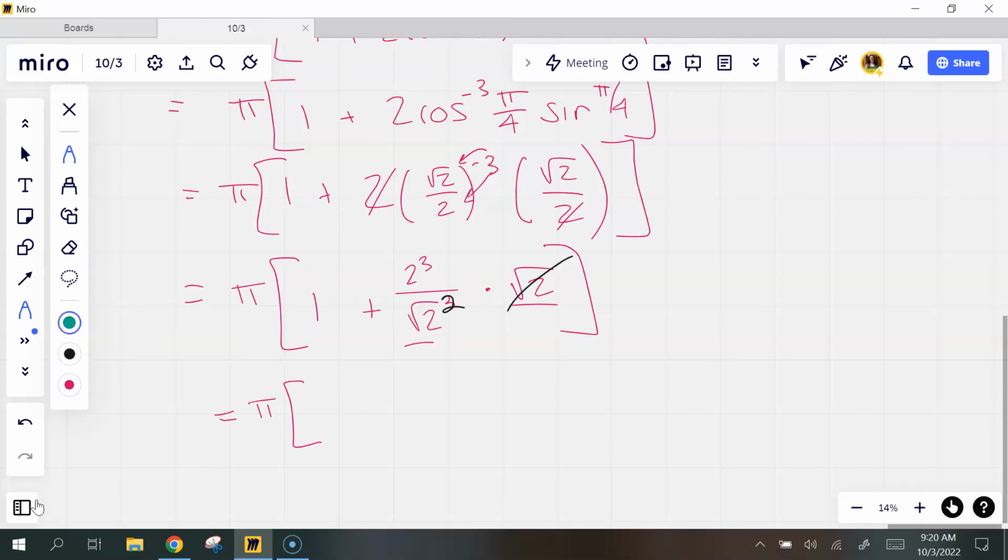I don't want to do too much at one time. So yes, that cancels. Well, what is 2 cubed over 2? 2 to the second, which is 4. That's right. Or 8 over 2, which is 4. However you want to do it. I subtracted exponents here, but if you want to multiply it out, that's fine too. So now I have 1 plus 4. So it's just 5.